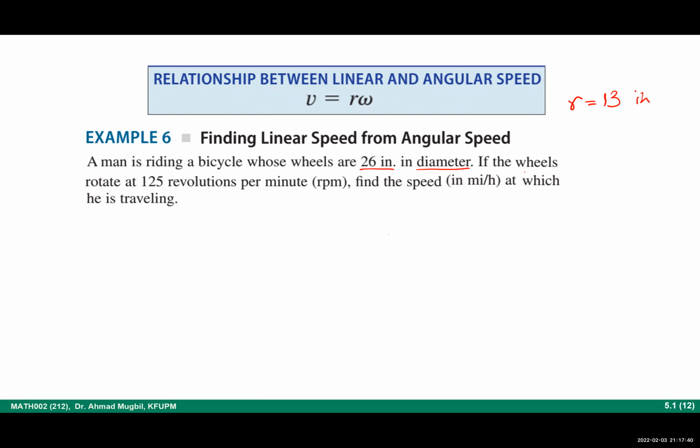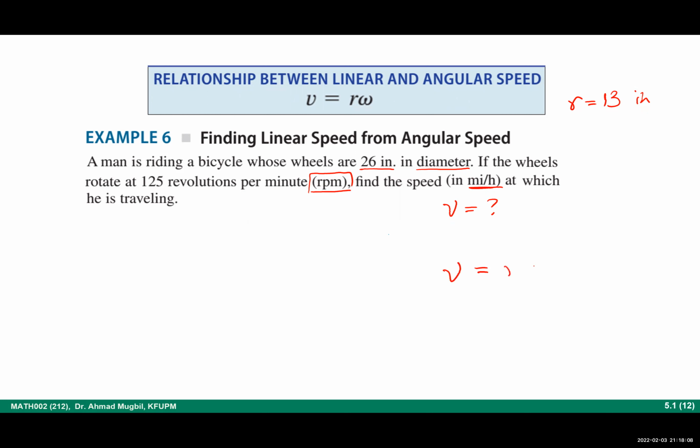If the wheels rotate at 125 revolutions per minute, RPM, this is the one that we have on our cars, find the speed in miles per hour at which he is traveling. Of course, from the units you can know what we want: the linear speed, distance over time.